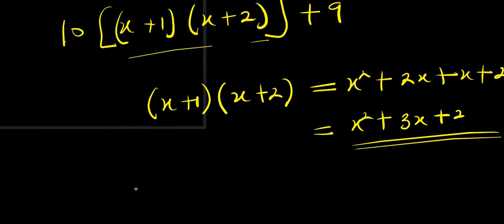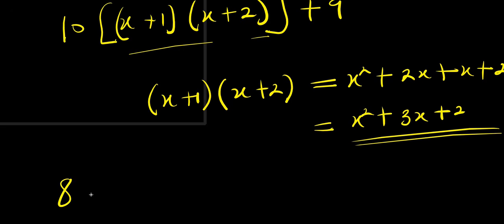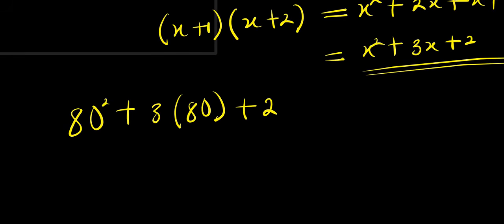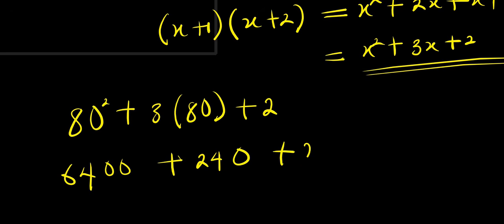So we are going to have 80 squared plus 3 times 80 plus 2. So 8 times 8, that is 64. This will be 6400 plus 3 times 80, that's 240, plus 2.